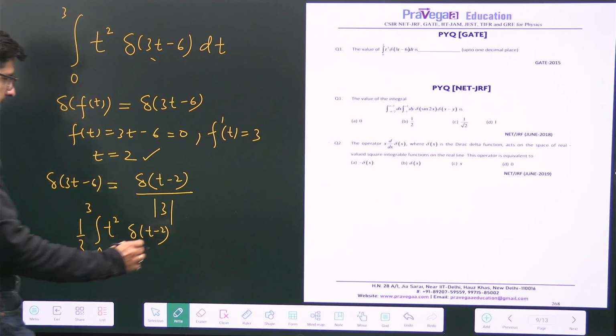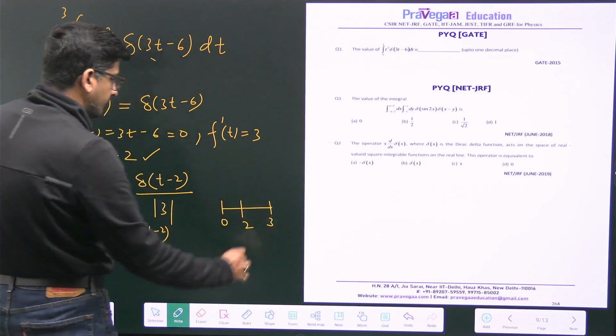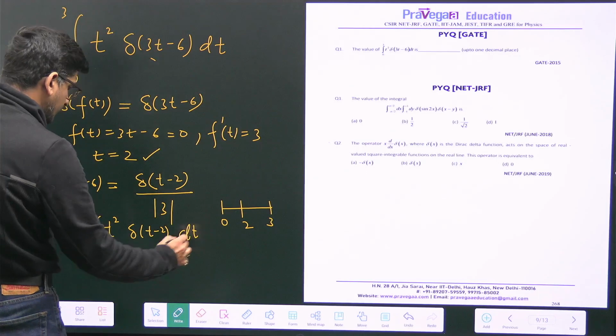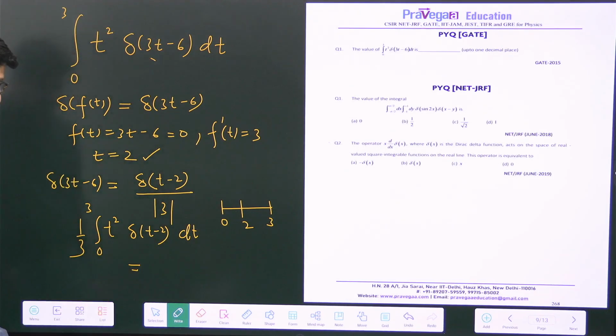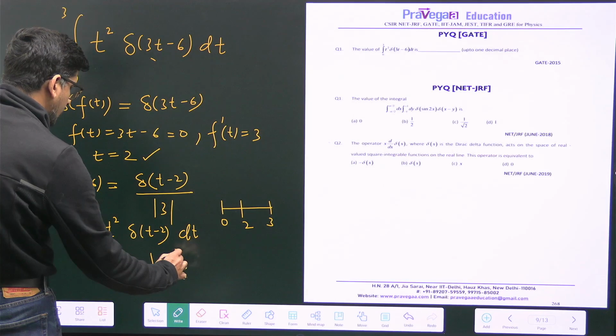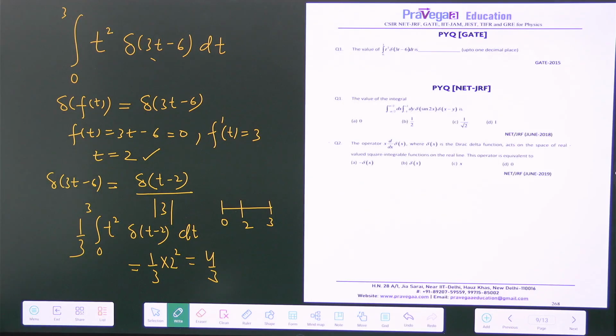This 2 is coming between 0 and 3. So it will be 1 by 3 into 2 square, so it is 4 by 3. If there were more than one root, we would write a summation in its place. Is it okay?